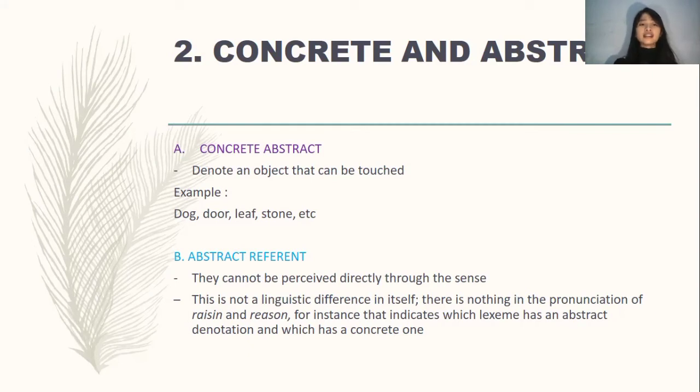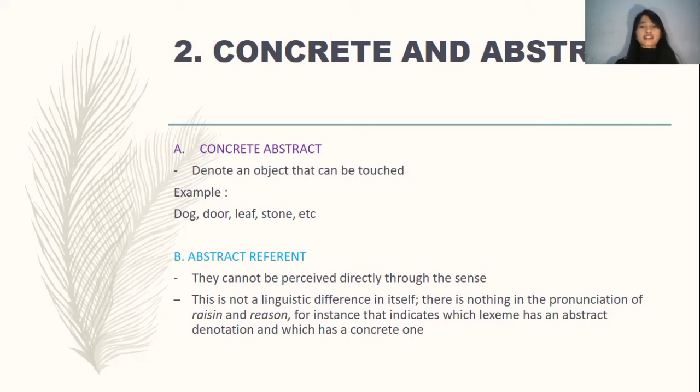And the other is abstract reference. Abstract reference refers to things that cannot be perceived directly through the senses. This is not a linguistic difference in itself; there is nothing in the pronunciation of a word, for instance, that indicates which lexeme has an abstract denotation and which has a concrete one.